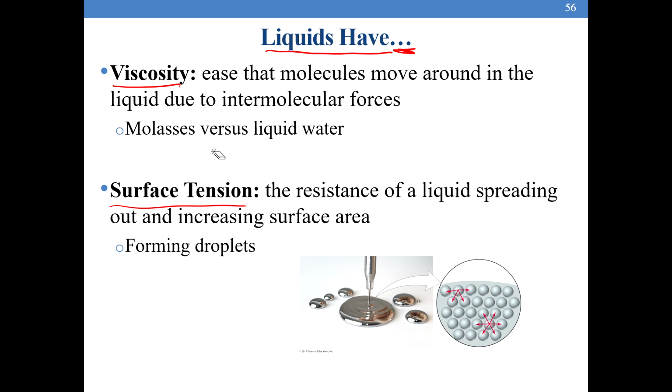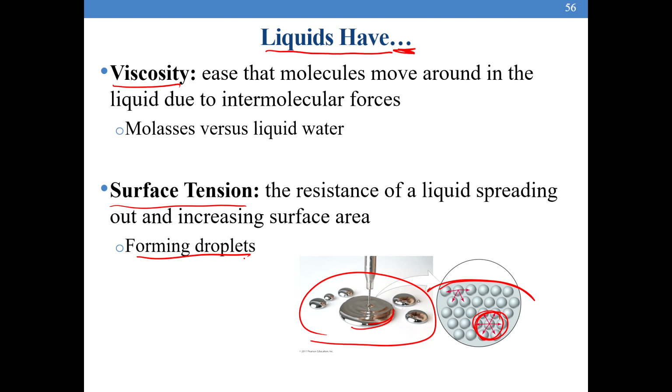Liquids also have surface tension, and this is what allows them to form droplets, like you see in this image, because there is an interaction among the molecules in the liquid since they're closer to each other. That creates a little bit of tension, which is why you have an edge that forms the droplet, a resistance that prevents it from fully spreading out. Of course, some substances in the liquid phase have more surface tension than others.